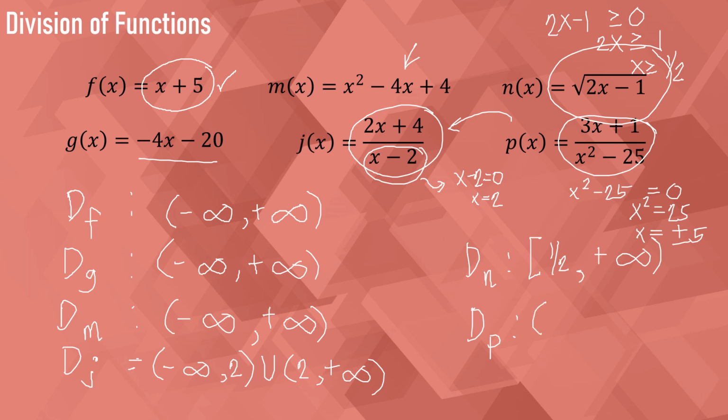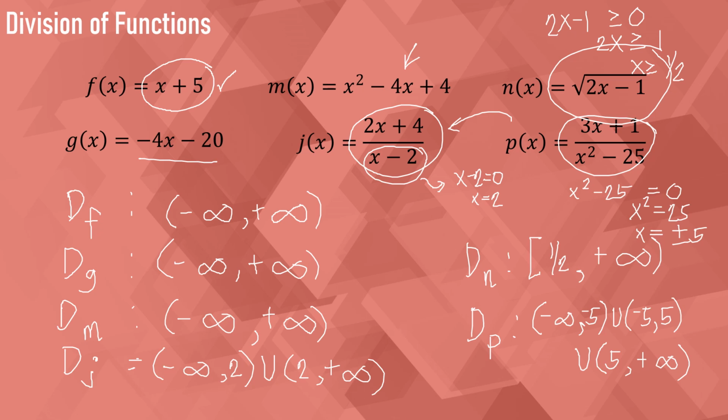Therefore, we exclude these two values, 5 and negative 5. We have the set of all real numbers less than negative 5 union the set of all real numbers between negative 5 and 5 union the set of all real numbers greater than 5. Meaning to say, we are excluding negative 5 and we are also excluding 5. So these are the necessary domains that we need to know.